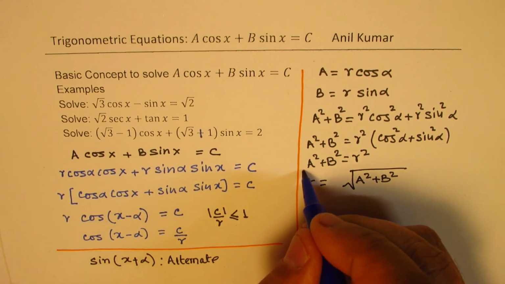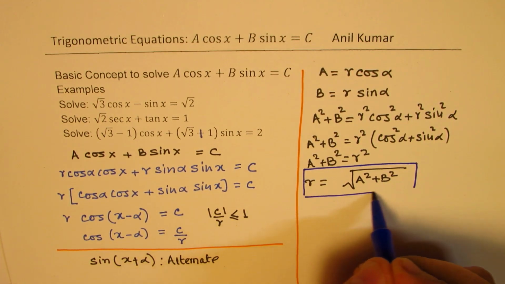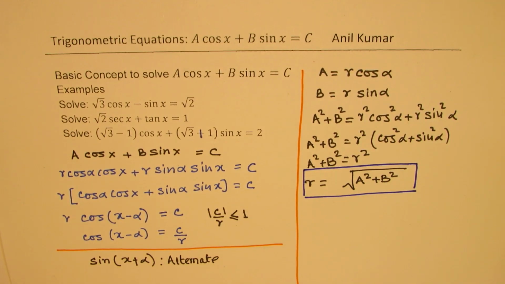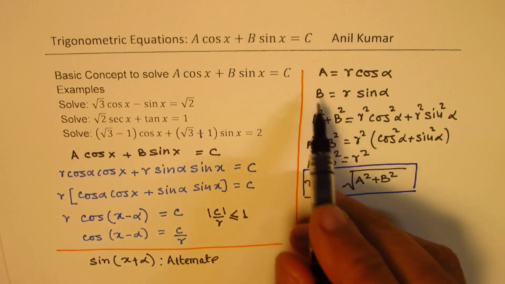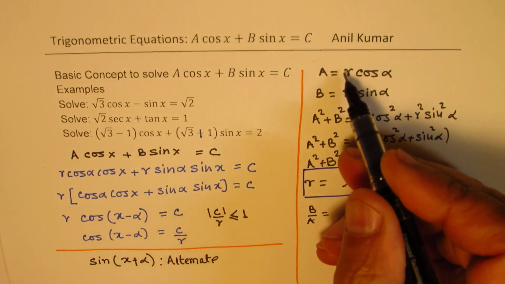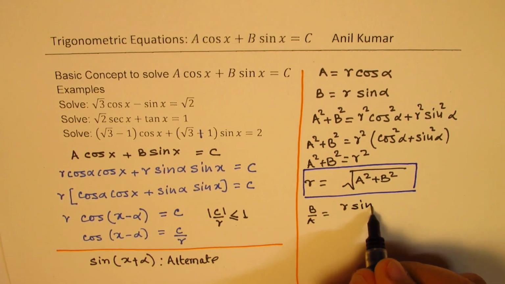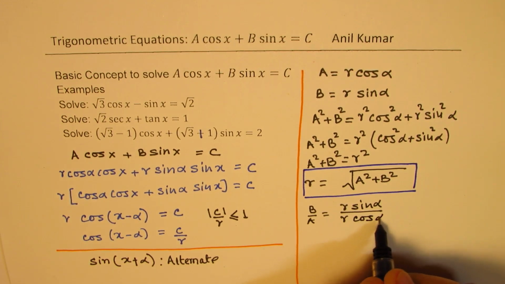And now another thing which is left to be found is, after all, what is alpha? So r is square root of a square plus b square. To find alpha, we can write b over a. If I take the ratio of these two, b over a will be r sine alpha over r cos alpha, correct?